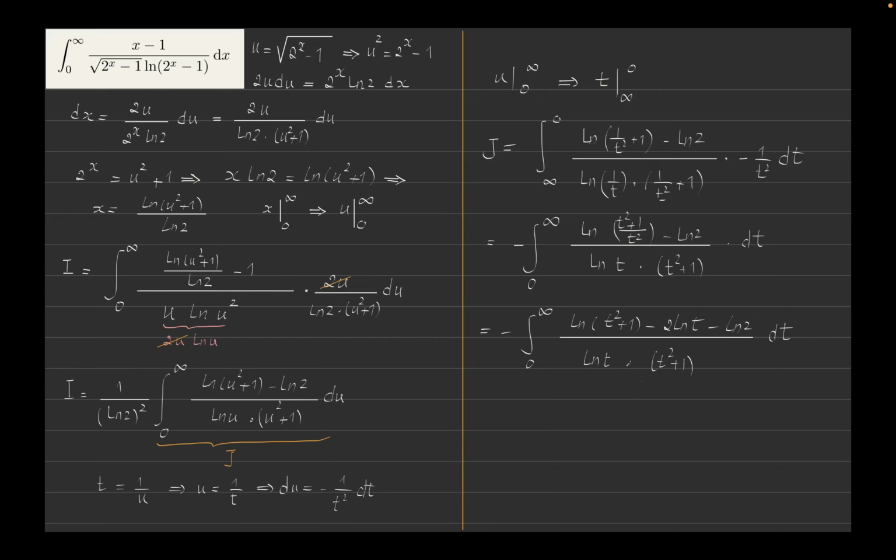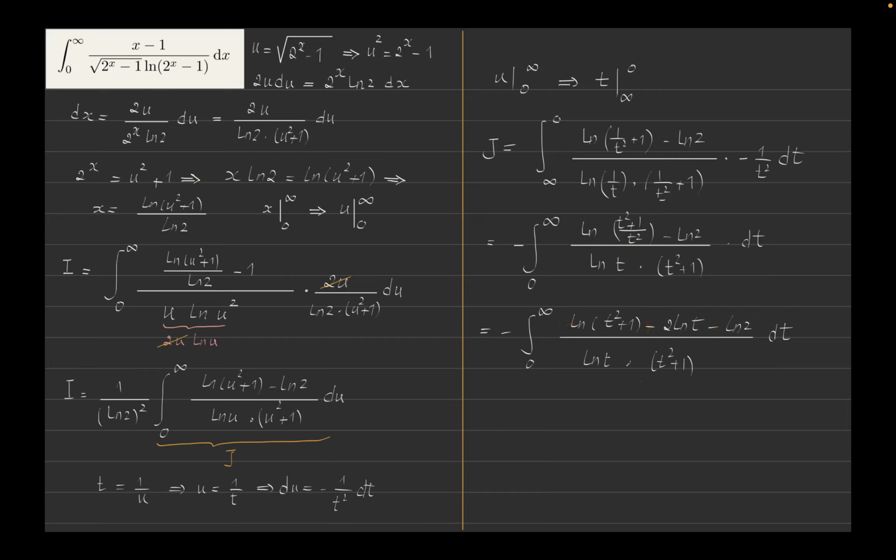Okay, but now you know that the integration variable is a dummy variable, so this means that if J is equal to this integral, in this integral I can change t to any other name, including u itself. And then I will multiply this minus sign inside the numerator. So this becomes minus, this becomes plus, and this becomes plus as well.